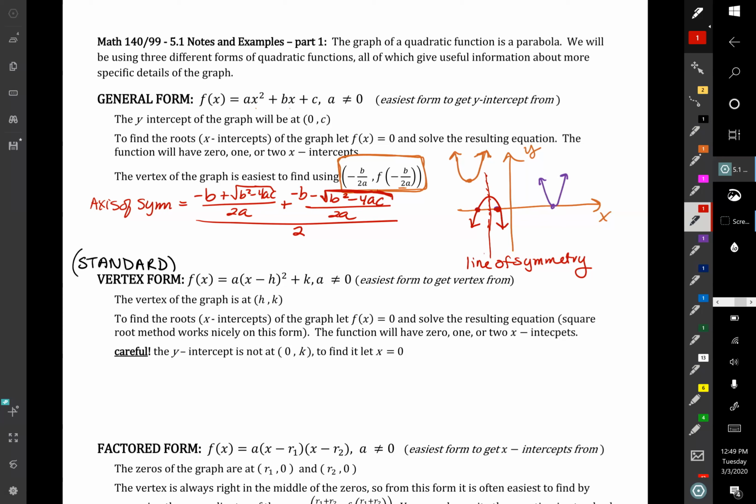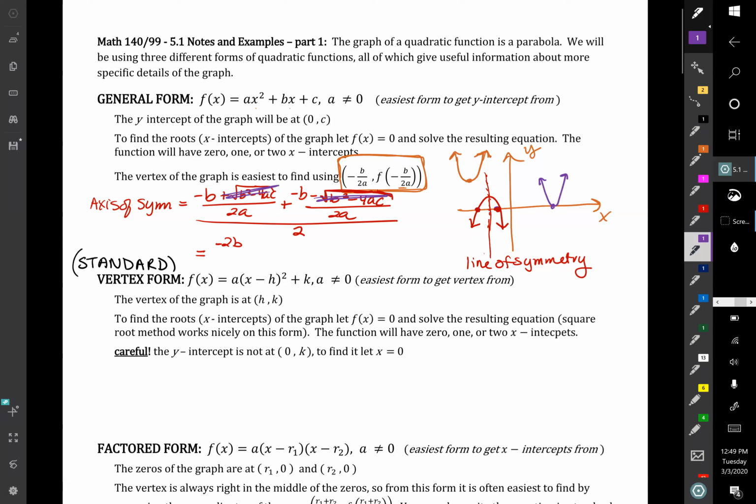Then I would have a common denominator of 2a, so I could add these things together, and I would end up with minus b plus minus b, which is minus 2b. And then the square root of b squared minus 4ac and the minus square root of b squared minus 4ac literally cancel out, right?